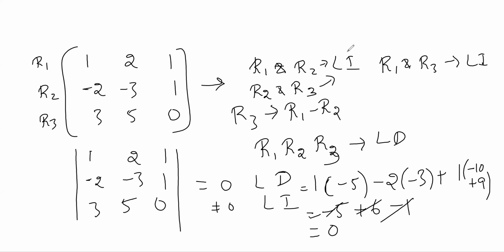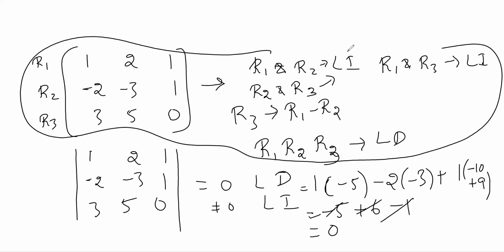So there is no need to remember any of these three things. Directly, by checking the determinant of the given matrix, you can say whether it is linearly dependent or independent. In case you want to check any 2 rows, just consider the 2 by 2 matrix.